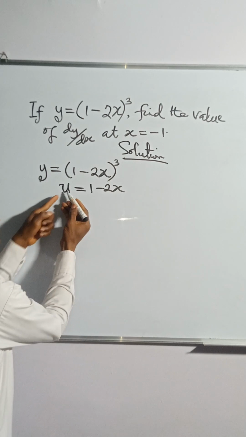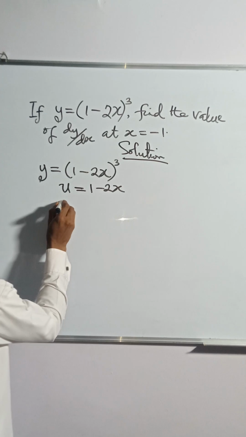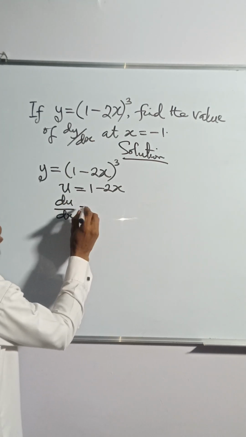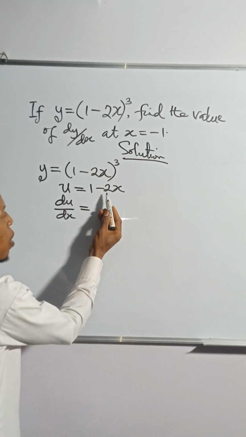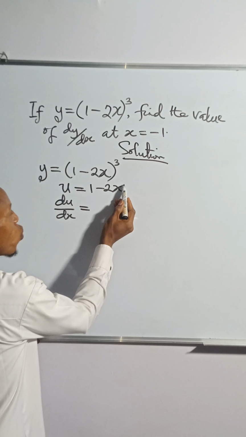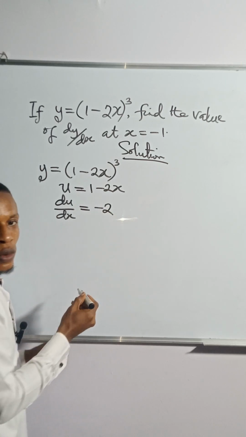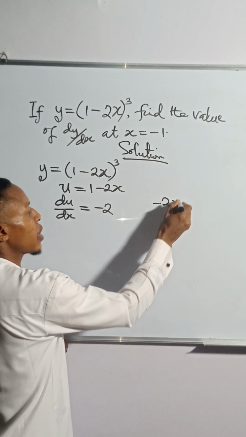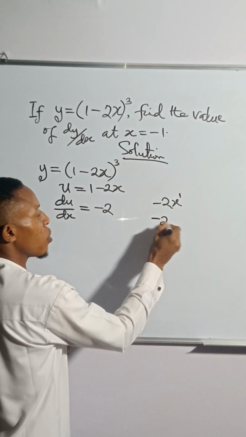If I differentiate this u with respect to x, that is what we call du/dx. Differentiating a constant, you have 0. Now when we differentiate minus 2x, the power of x here is 1, so it's 1 times minus 2, which is minus 2.